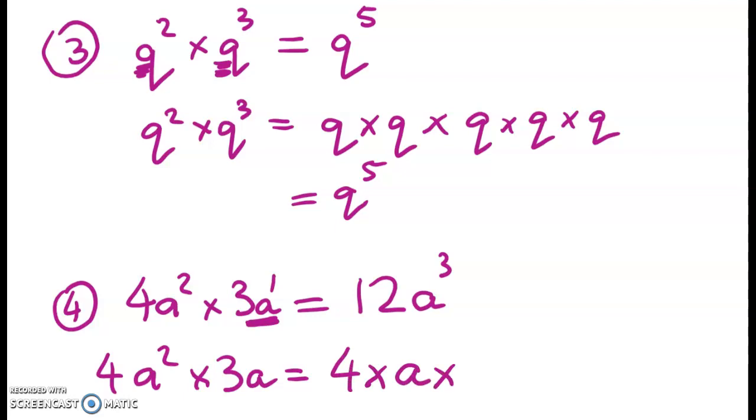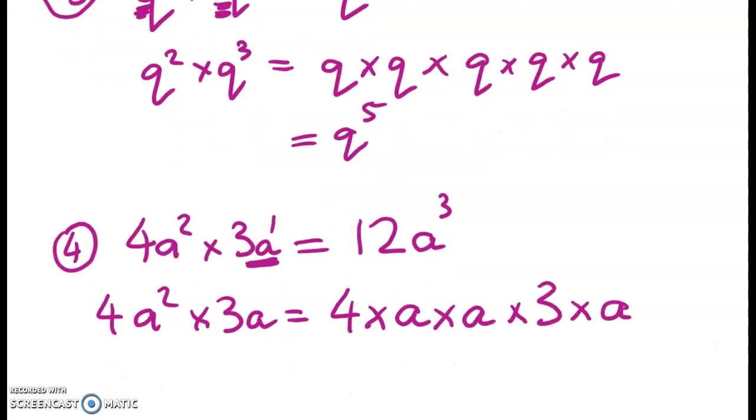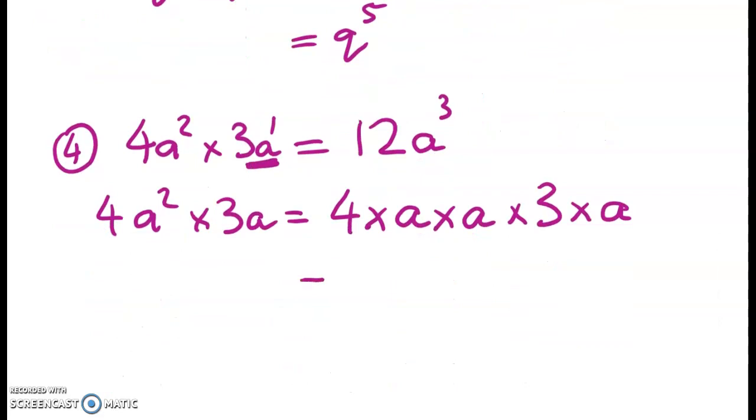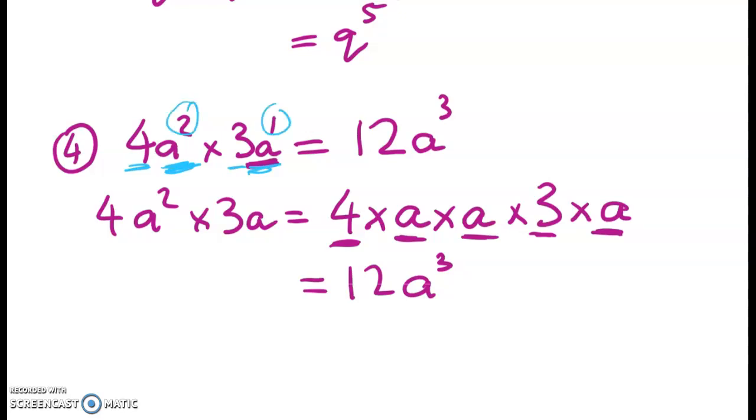But by the time you're revising, you shouldn't need to do that, but that just might be a memory jog for something you've seen earlier. Now, the order in which we multiply doesn't matter, so I can multiply the numbers first, and I get 12 times a times a times a gives me a cubed. Okay, so I'm multiplying the numbers together, and then I've got the same bases, so I can add the powers, add the 2 and the 1.